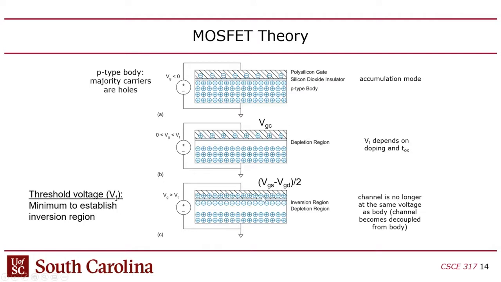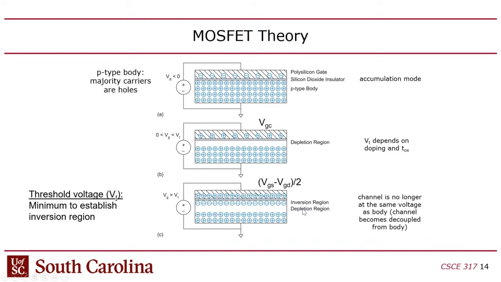And instead, it becomes electrically connected to the source and the drain on either side. So the voltage of the channel becomes the average of the gate to source potential and the gate to drain potential, or the sum of those divided by 2. Just keep that in mind.